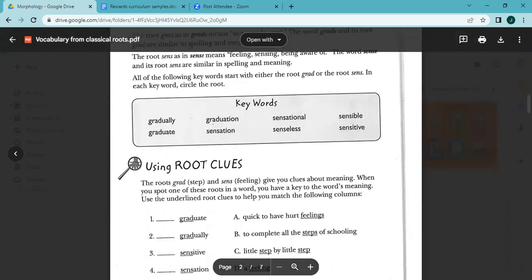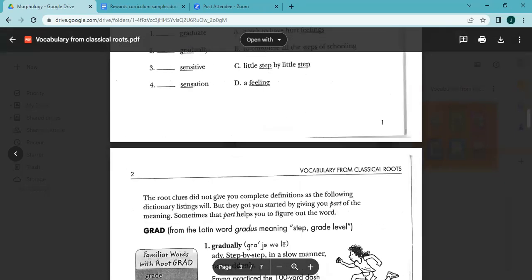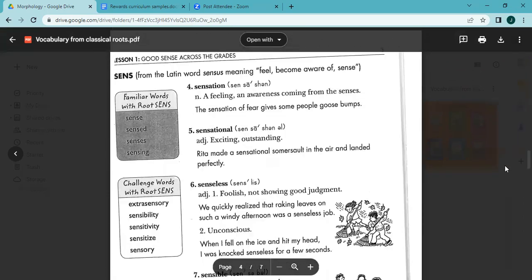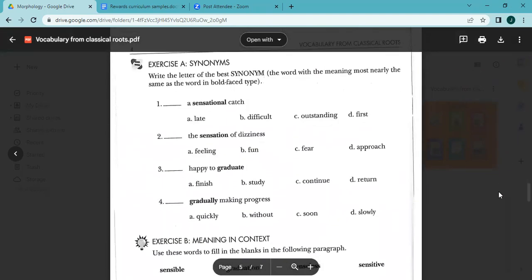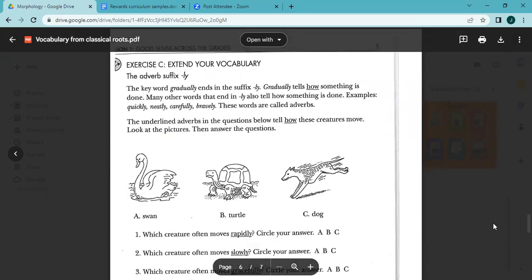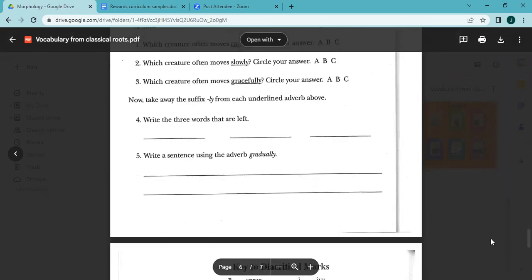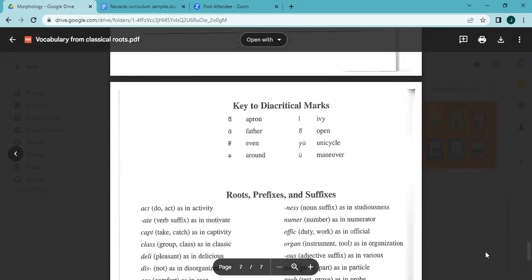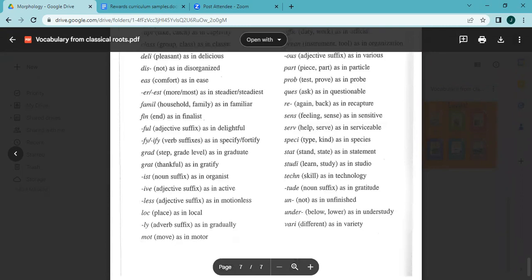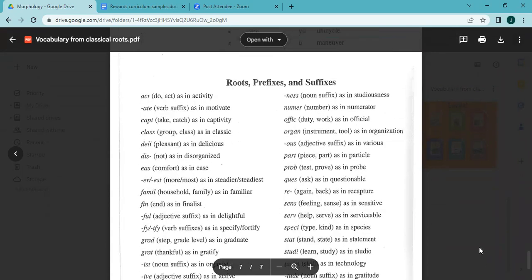They give you some words, and then you match definitions. Then they give you definitions of these words, and then you have to find synonyms, find the meaning in context, look at adding some suffixes, and then this is from the inside cover of the student book, roots, prefixes, and suffixes.